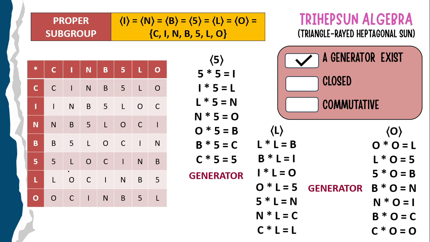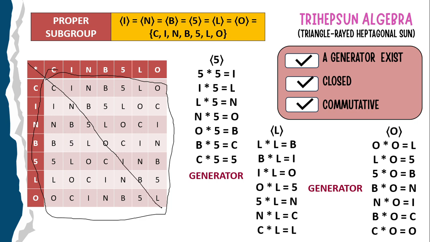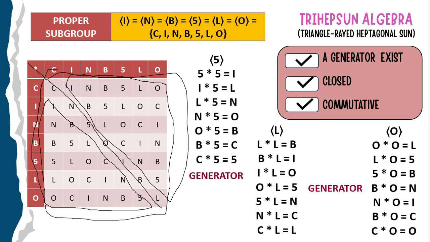Therefore, a generator exists. It is closed because the resulting element revolves around the elements being operated. It is commutative since if we put a diagonal here, we can say that the elements here and here are reflective.